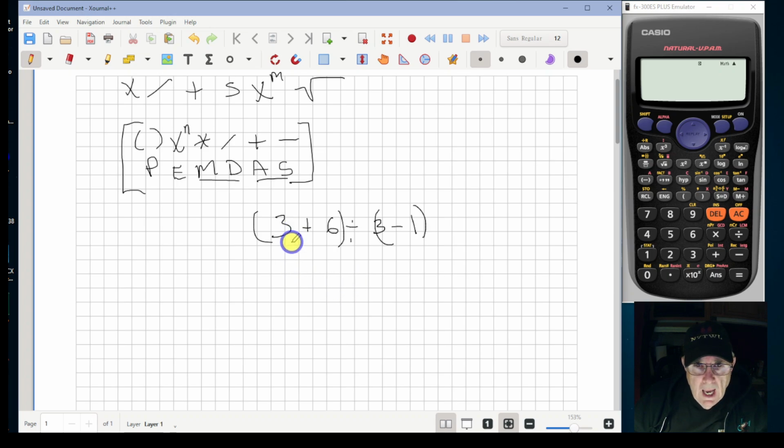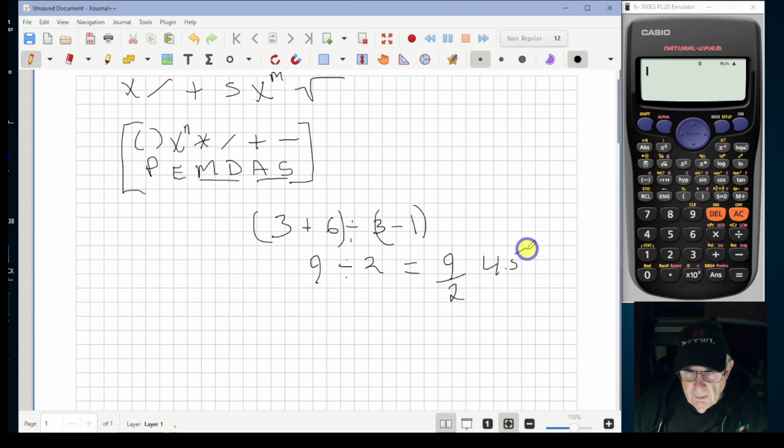So now I can add these two together, and I get 9, and I get 2, so this gives me 9 halves. Not a very satisfying answer since it's an improper fraction, but that's okay. We could call that 4.5. But I can direct you to do it in this order.